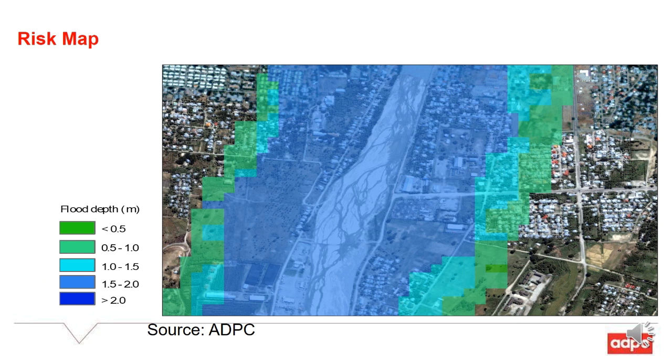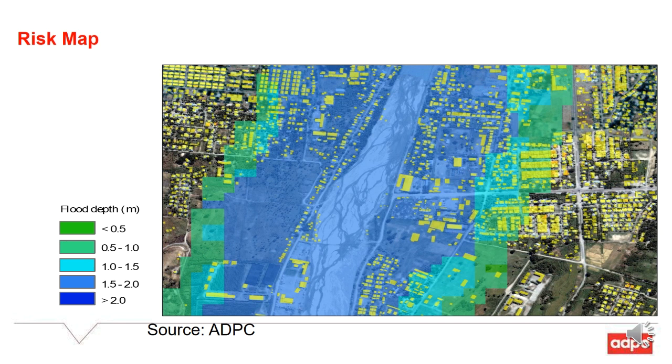In one example, this is a flood hazard map with the extent of the flood, as you can see with the color coding. Then we overlay the building footprints, so these are the elements at risk which are falling under the hazard zone.